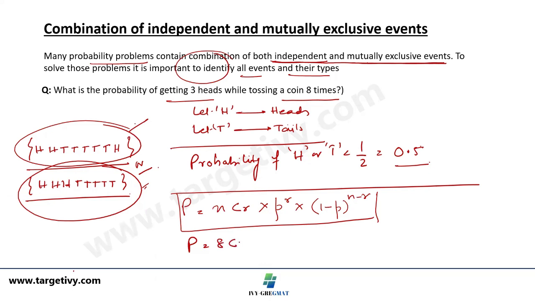There are two possibilities. 3 heads multiplied by probability 0.5 to the power r, which is 3, multiplied by 1 minus 0.5 to the power n minus r. That's 8 minus 3.